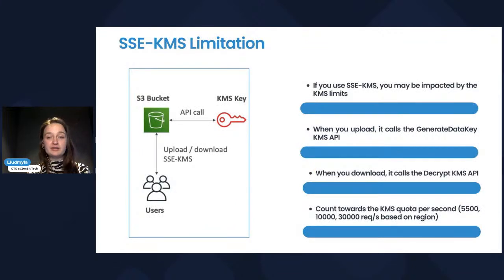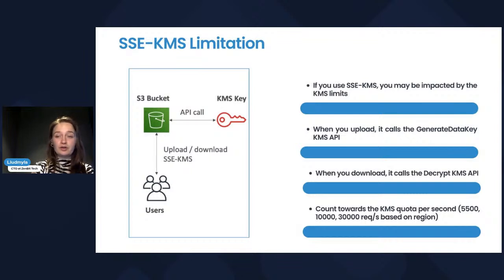And here are some limitations. First of all, you can have some KMS limits. When you upload a file, it generates a data key with the KMS API. And when you download a file, it uses the Decrypt KMS API.